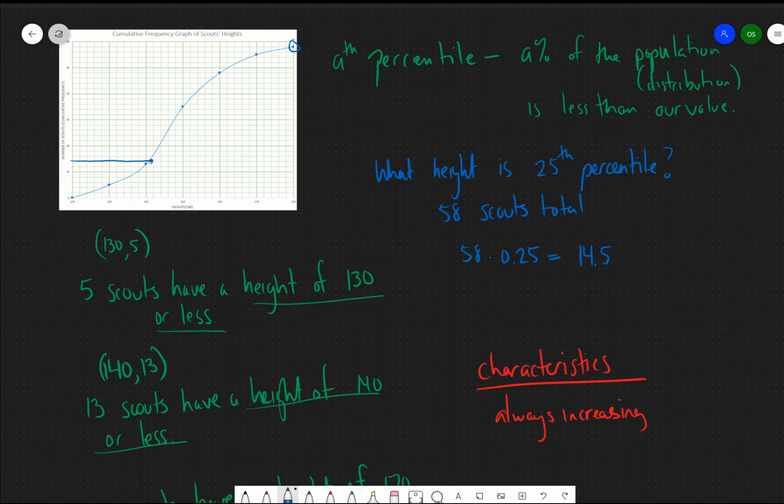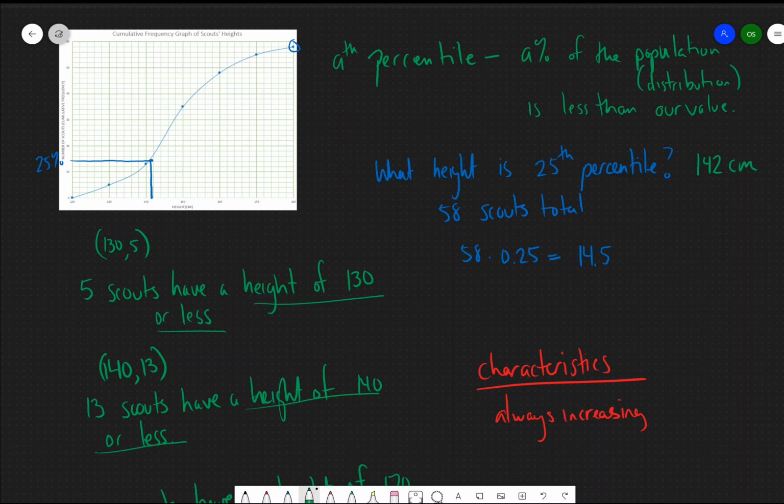So I see that that corresponds with a value around 142 centimeters. So this would be at 25%. So a height of about 142 centimeters would represent that 25th percentile.